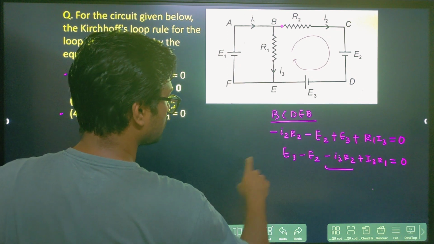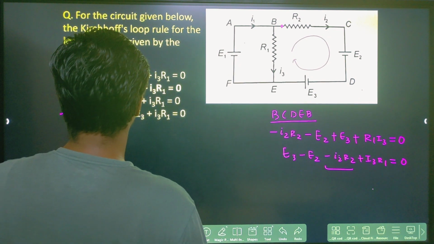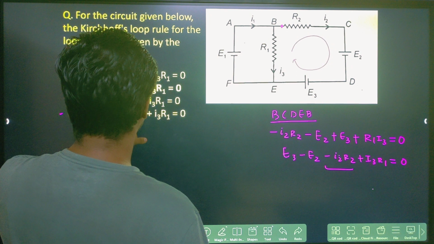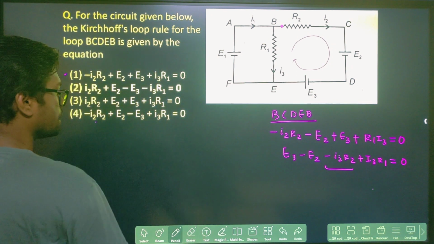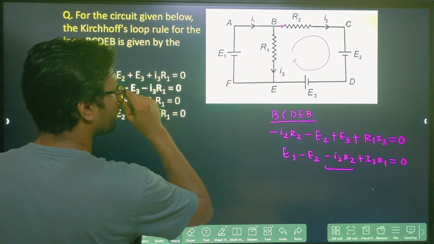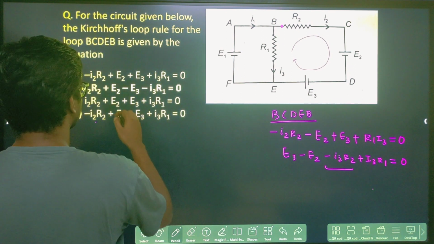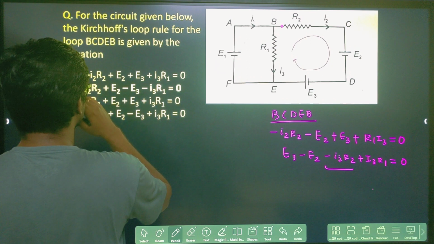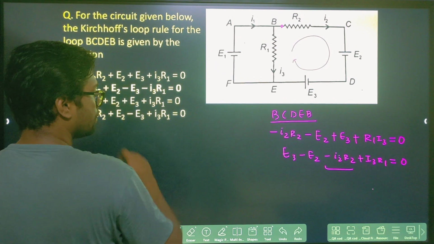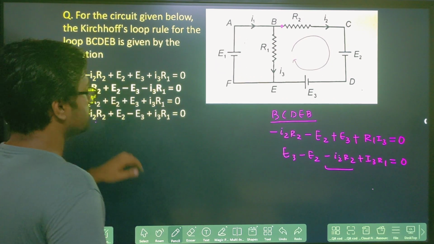So it is now I2 R2 and I3 R1. You just check here E3 minus E2. I think they have changed the sign.